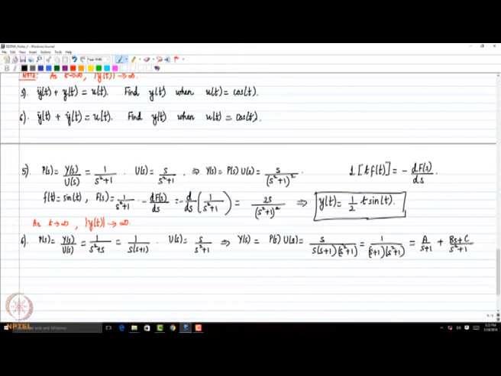But this is not a pole zero cancellation, because the quantity that I am calculating is y of s, not p of s. 0 and minus 1 are the two poles of the plant. It so happens that based on the input that I give, there is a mathematical cancellation of s and s. That can happen.